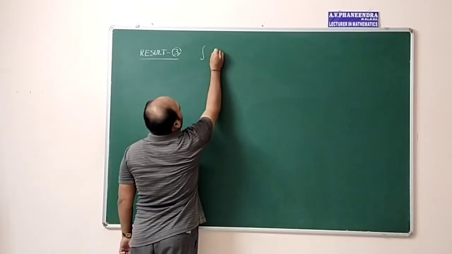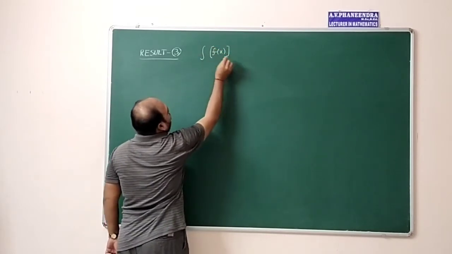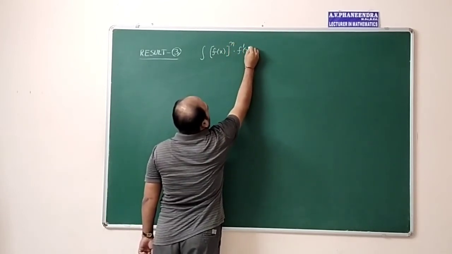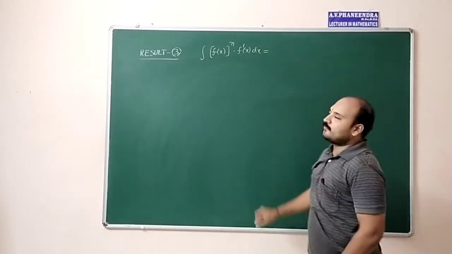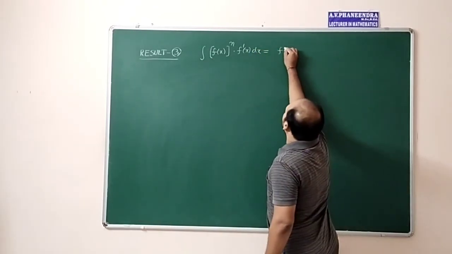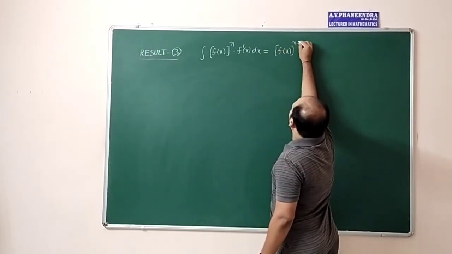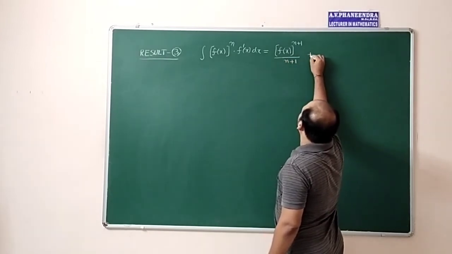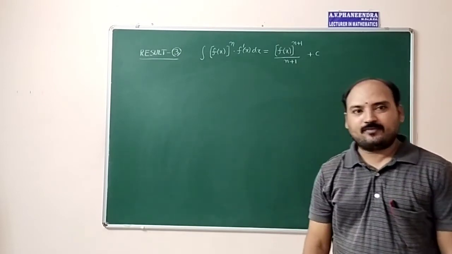Integral of (f of x) whole power n into f dash of x into dx is equal to (f of x) whole power n plus 1 divided by n plus 1 plus c. This is about result 3.